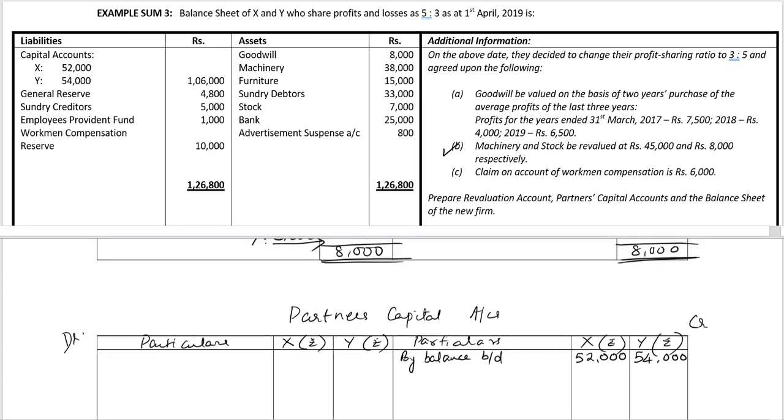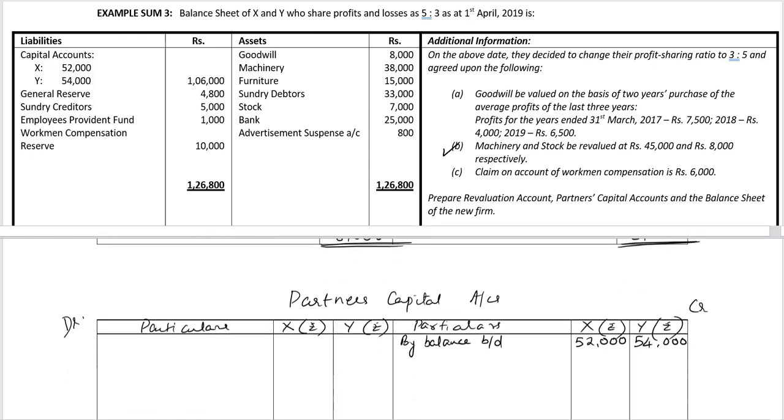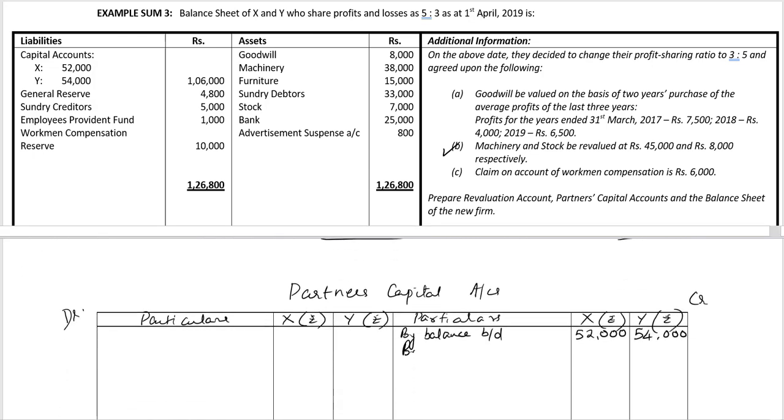We'll check out the gain on revaluation. 5,000 for X and 3,000 for Y by revaluation account. 5,000 for X and 3,000 for Y. The existing goodwill needs to be written off.